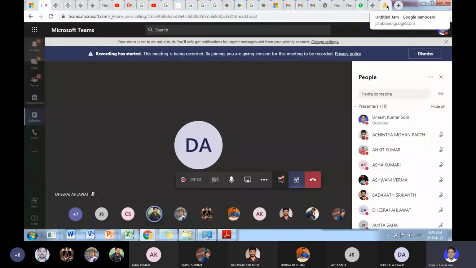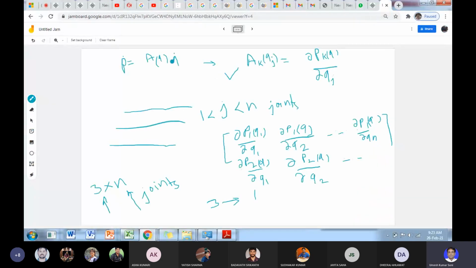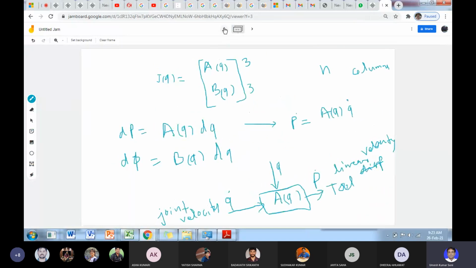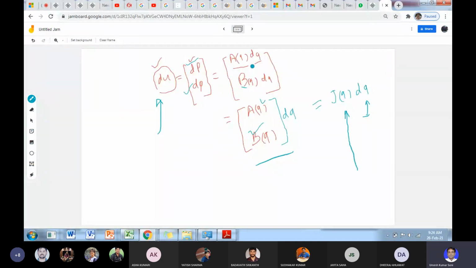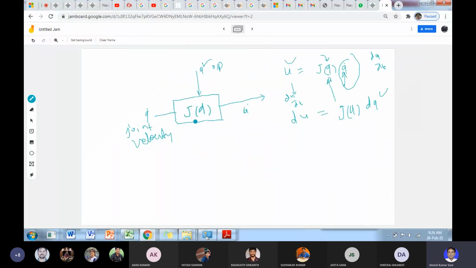Okay, it is simple. This is a partial differentiation and all. So here you have this term. Slowly you have developed this. You have represented like this, and this is completely defined by 2 matrices AQ and BQ. So JQ is totally comprised of AQ and BQ.